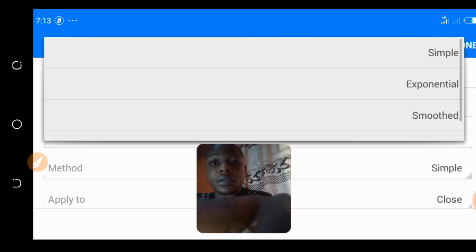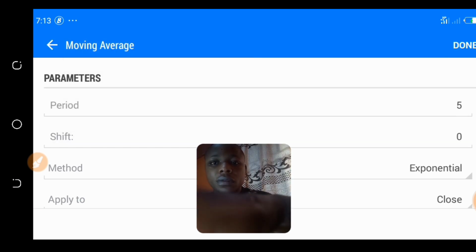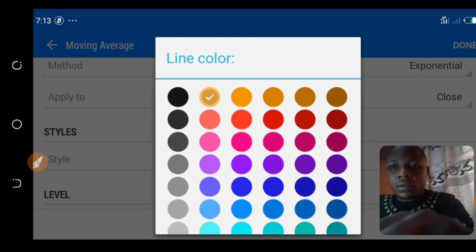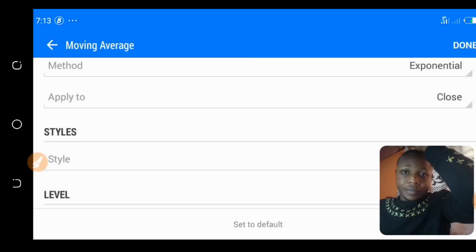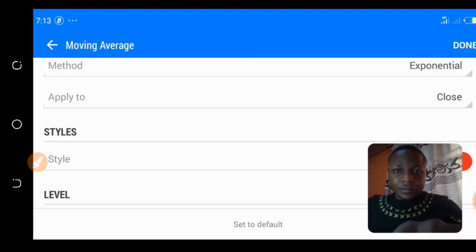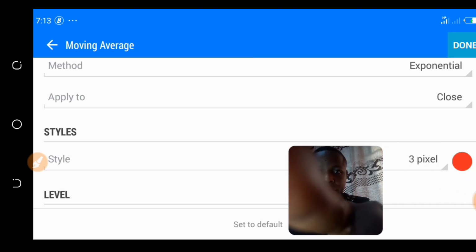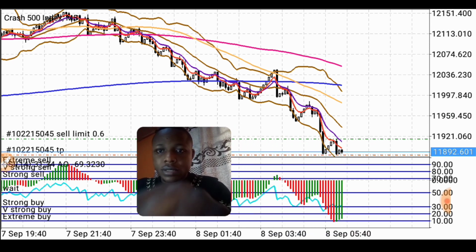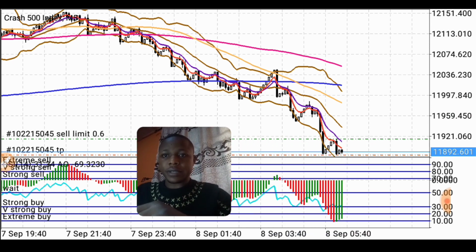Apply to exponential. Apply to close. Let's use red. Okay, that's it. So that's our moving averages.